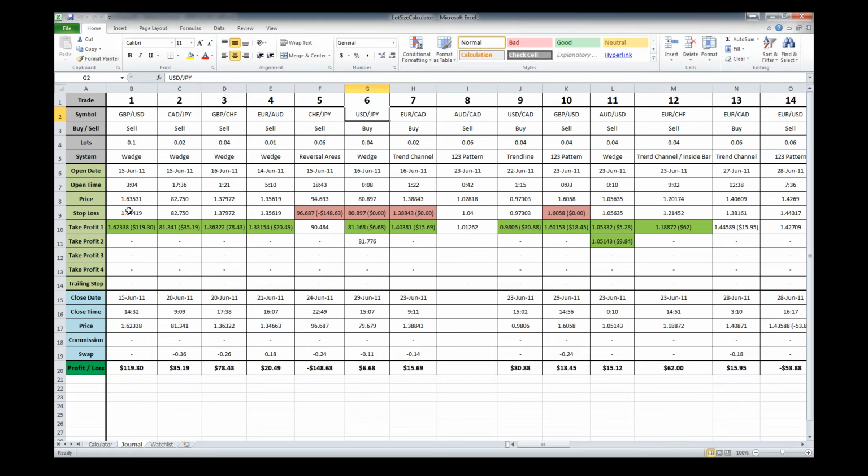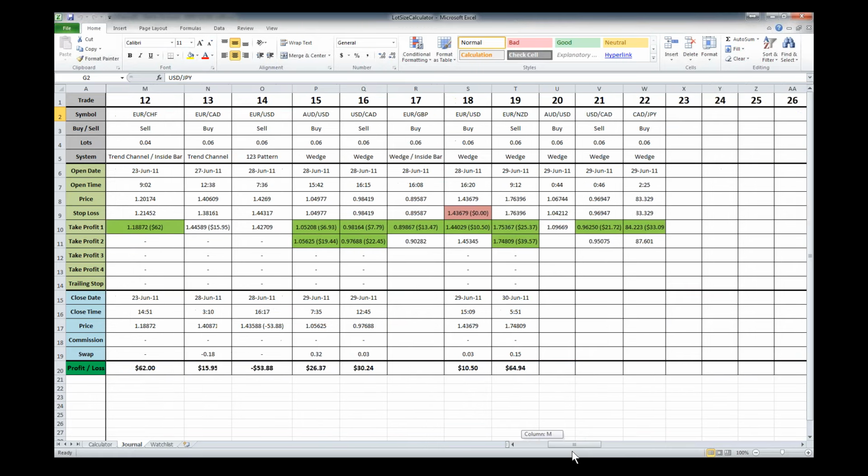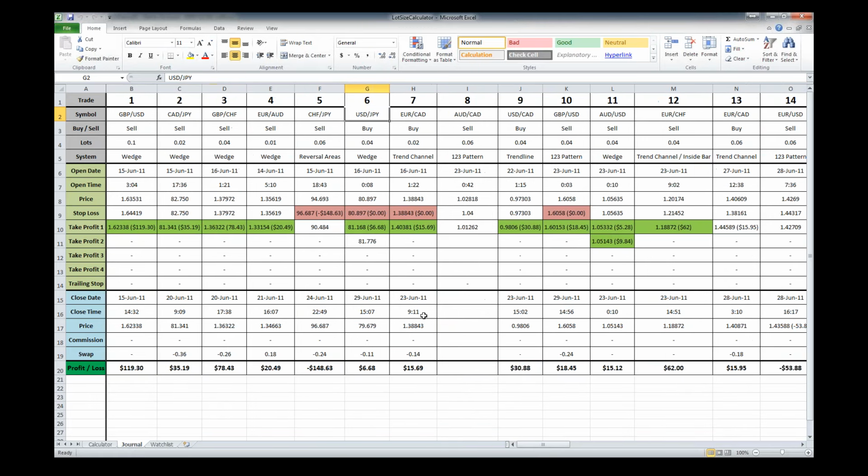So he'd scan all the charts, all the different pairs, and say, okay, I see a nice wedge on this particular pair, and he'd lay out the wedge, put in the setup, and then chronicle it in the spreadsheet. So if we go further back, you'll see that he's had one legitimate loss, and everything else was a break even.